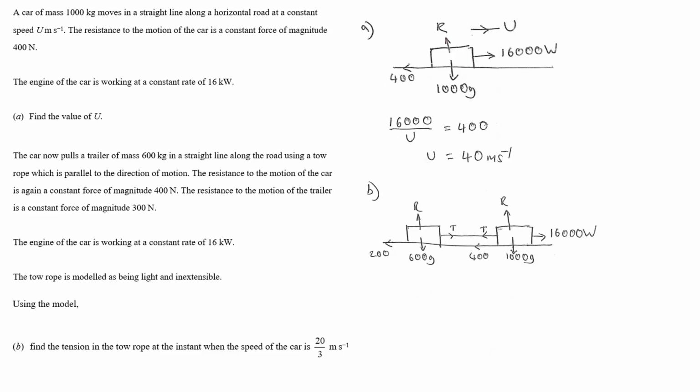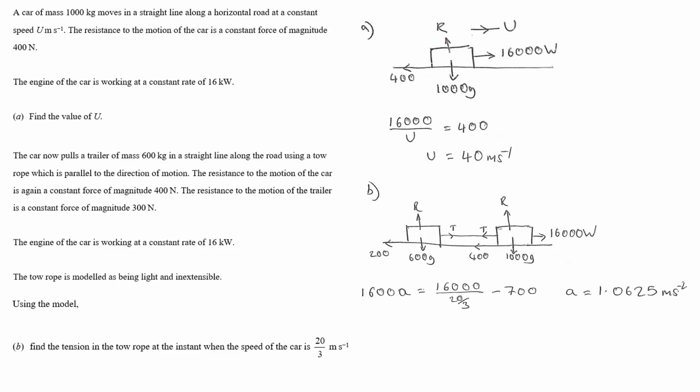B, the situation changes. I'll put in all the information from there, and we are asked to find the tension. So I've done the equation on my F equals ma, 16,000 divided by the instant when the speed is that much.